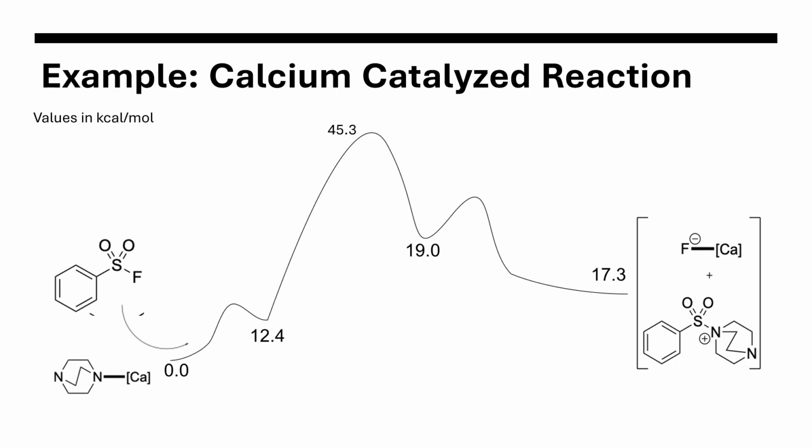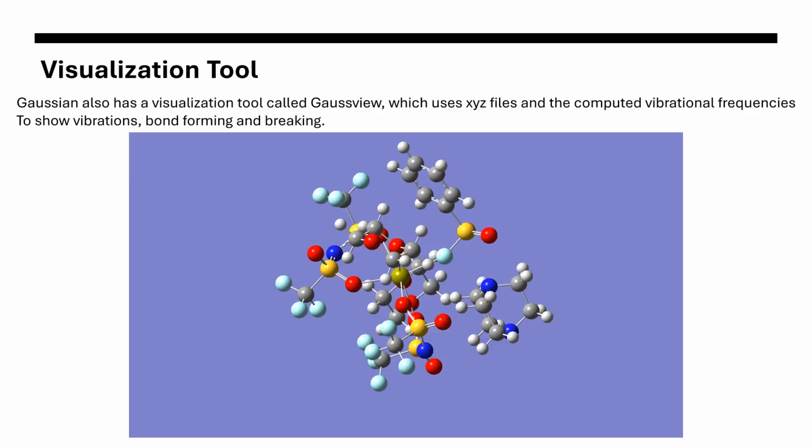So as you can see, we start with the reactants on the left at zero value for energy, kilocalories per mole, and then it goes all the way up the top to 45.3, which is the transition state energy, and then on the very right is the product or intermediate that's at 17.3 kilocalories per mole. And then using these methods, it's also possible to find possible intermediates in between the products and reactants, which are those numbers in the middle, 12.4 and 19.0. Those are ground state energies of intermediates in this specific step of the reaction.